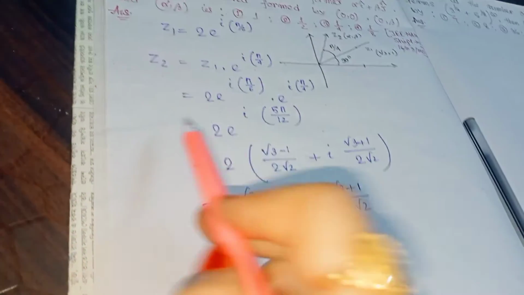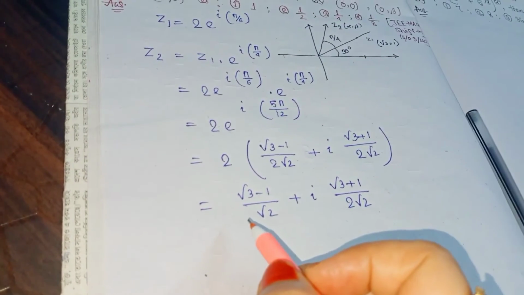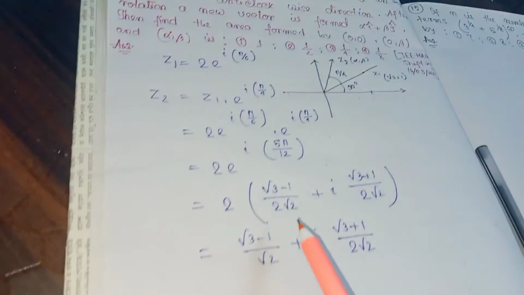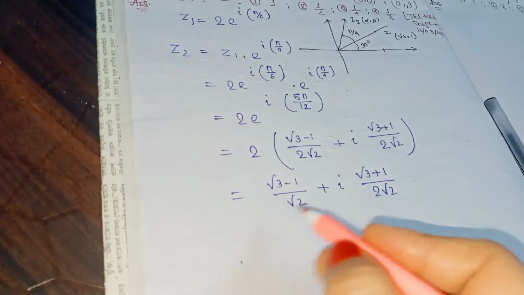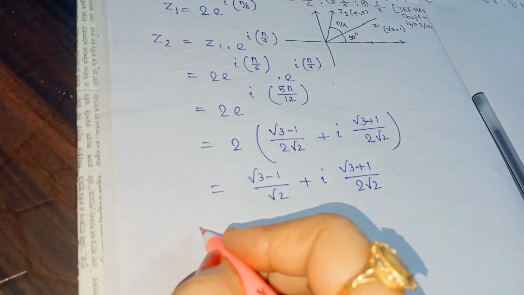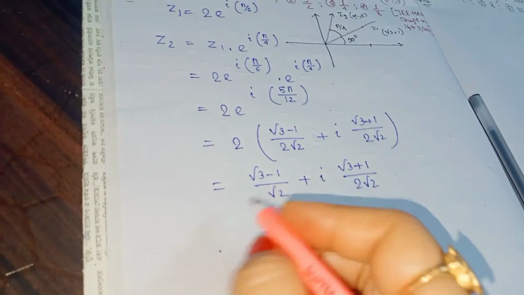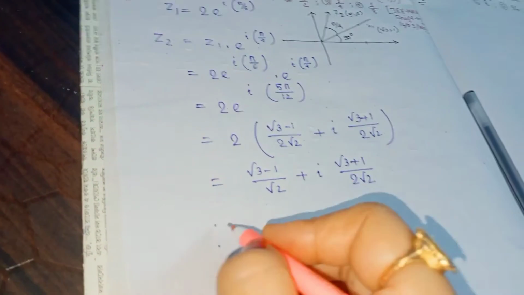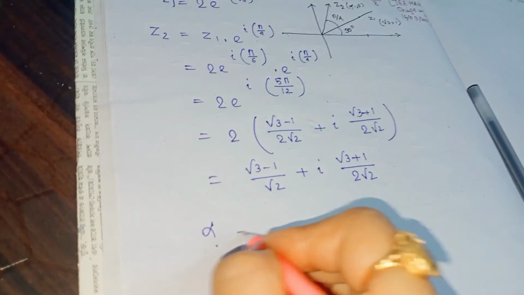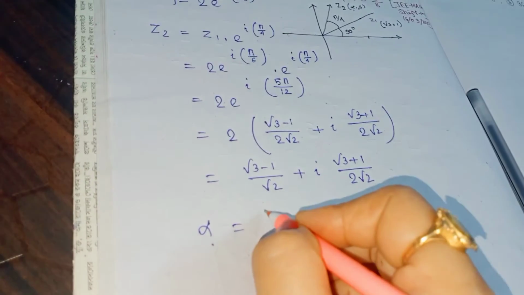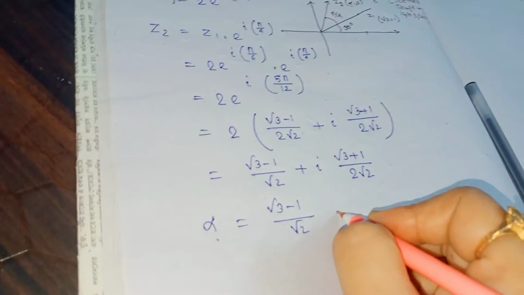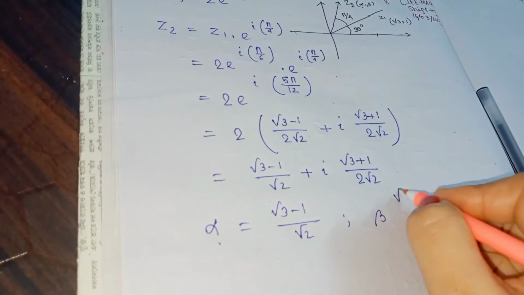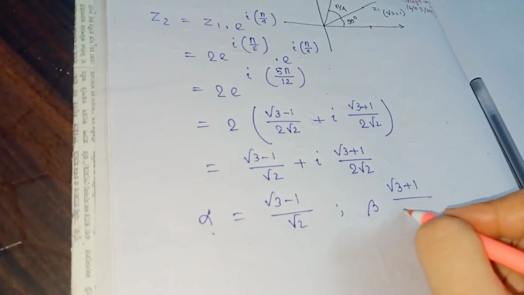Now z2 shows the coordinate alpha comma beta, so z2 is obviously alpha plus i beta. So from here we got alpha is equal to root 3 minus 1 by root 2, and beta is equal to root 3 plus 1 by 2 root 2.